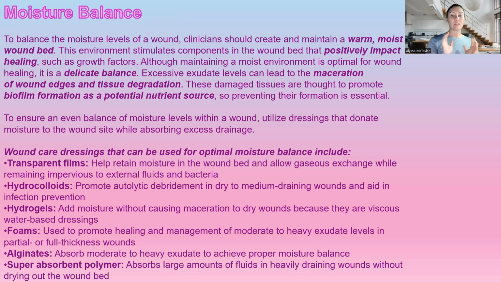Okay, those are all the different dressings that we can use. This promotes absorption. The transparent films don't have absorption capabilities, so they would be used for drier wounds, but the rest will absorb while also leaving that wound just moist.